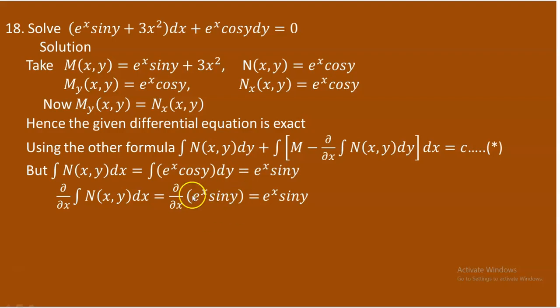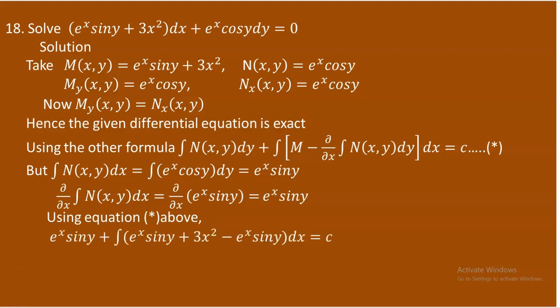And as you are performing the partial derivative with respect to x, e to the power of x comes as it is, then sin y follows. Now everything is obtained. Then the next task is a matter of plugging appropriate expressions in their place. So using the equation star above, one can obtain this one.